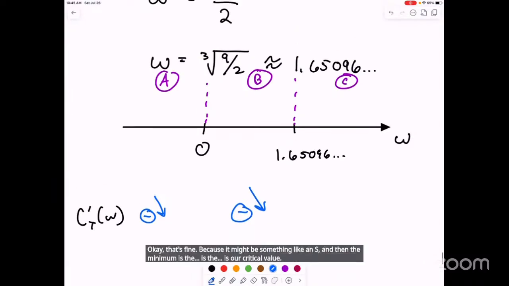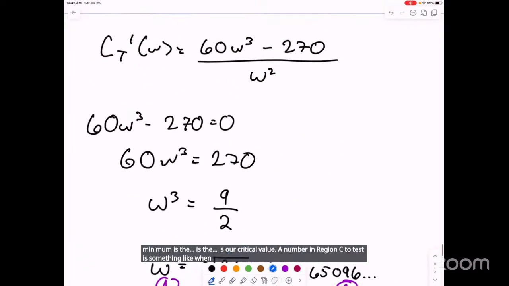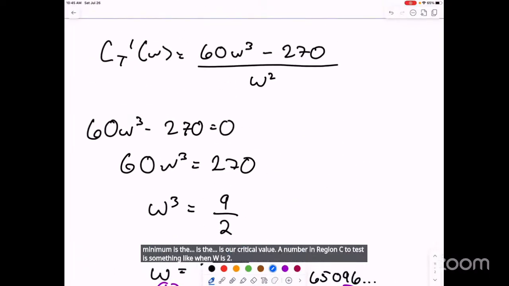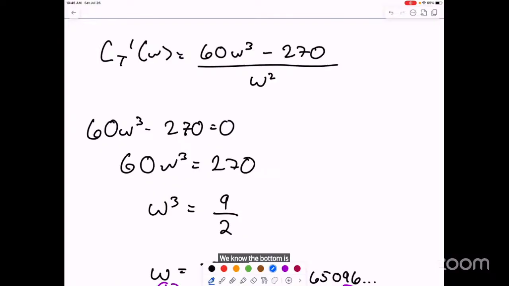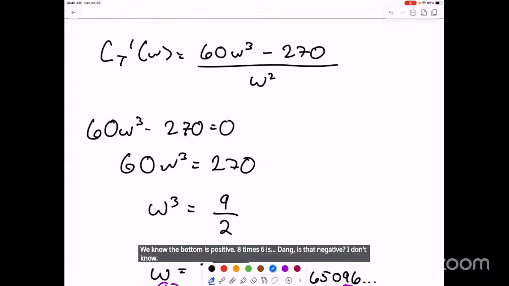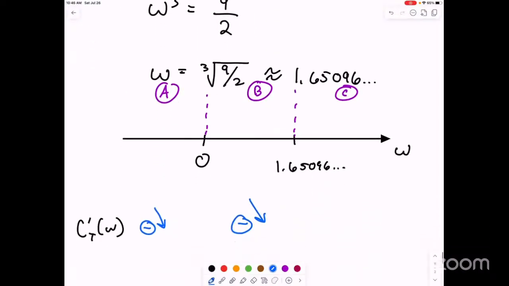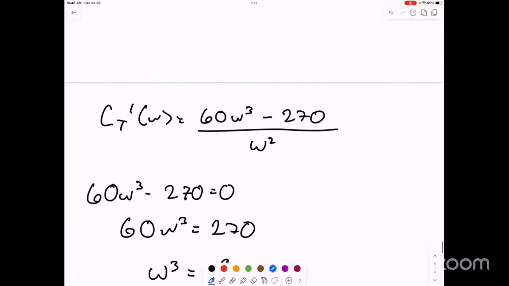A number in region C to test is something like when W is 2. We know the bottom is positive. 8 times 6 is, dang, is that negative? Oh, no. 8, no, it's not negative. 8 times 6 is what? 48, so 480 is positive, right?